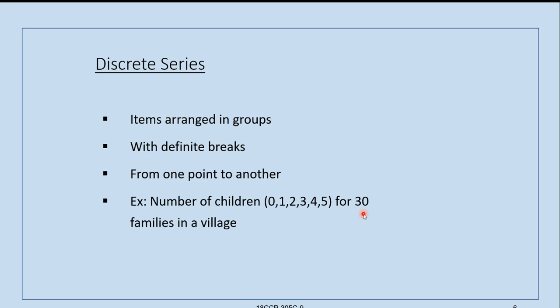Normally the gap will be exactly what gap which is existing in the previous two numbers. From one point to another, there will be definite breaks. For example, a number of children may be 0, 1, 2, 3, 4, 5 with a definite break of 1. So 1 minus 0 is 1, 2 minus 1 is 1, 3 minus 2 is 1. Like that, same one gap is maintained.